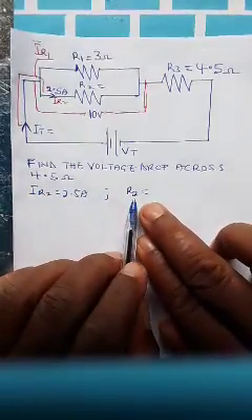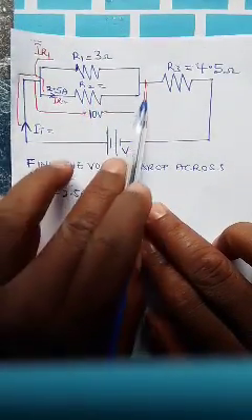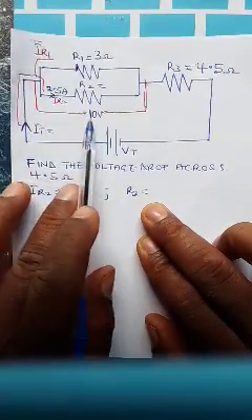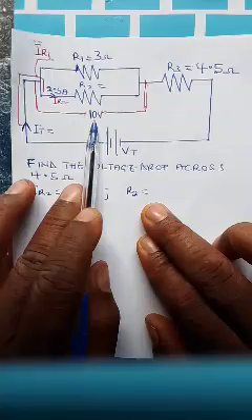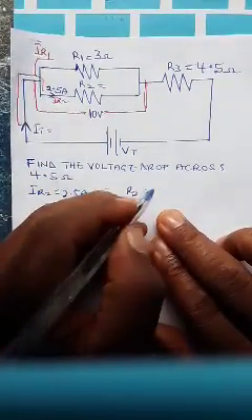In Ohm's law, since this 10 volts is the same voltage across this parallel circuit, we can say R2 equals the voltage drop across the parallel over the current in R2.